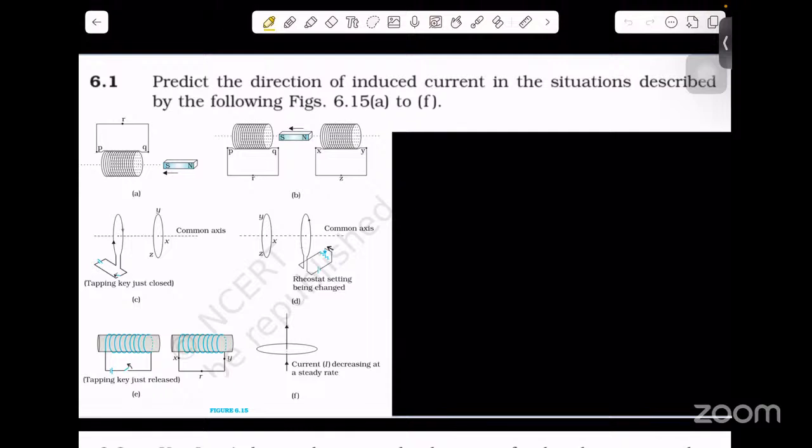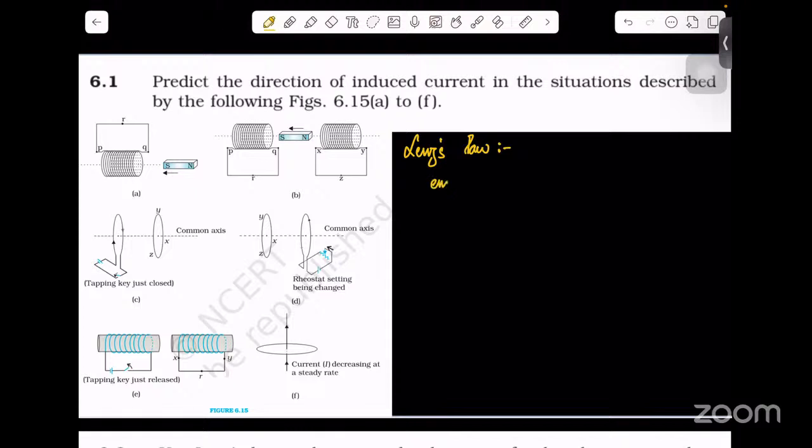Before starting with the answer, let's discuss the concept and formula to be used here. I guess many of you know what is to be used here. It is the very famous Lenz's law. Now, what does Lenz's law say?